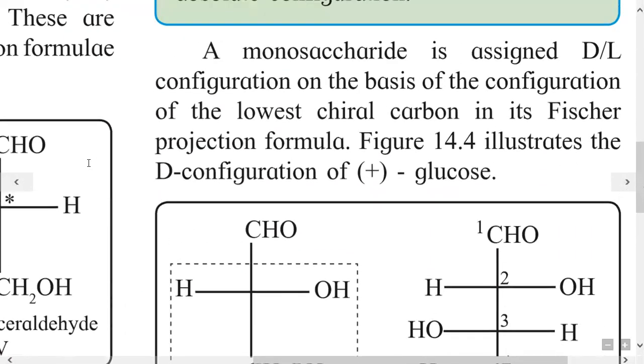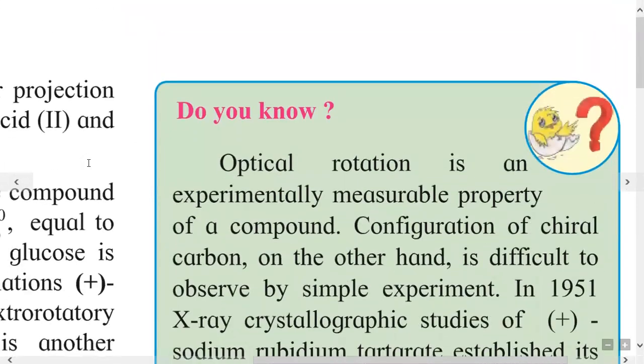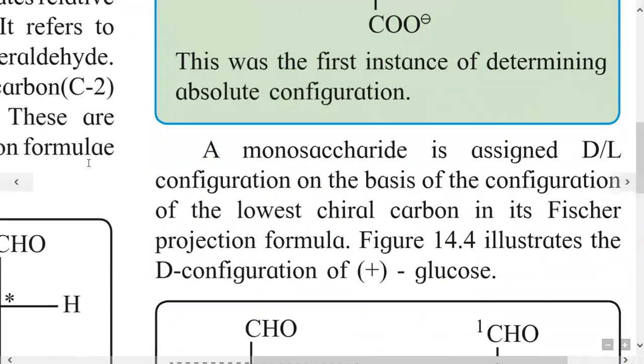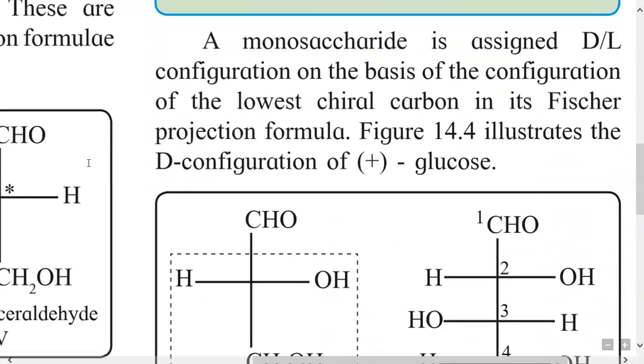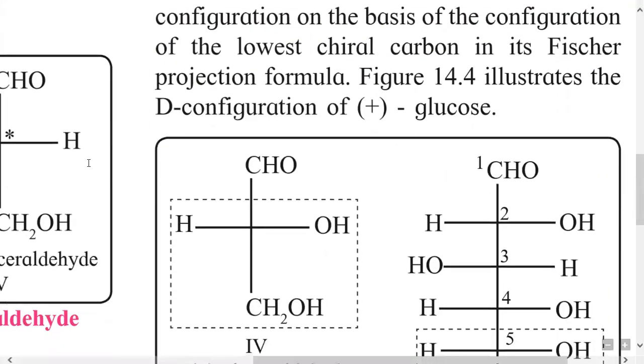Similarly, we will study how the glucose molecule is represented with the Fischer projection formula, D and L configuration. A monosaccharide is assigned a DL configuration on the basis of the configuration of the lowest chiral carbon atom in the Fischer projection formula. So in glyceraldehyde, the lowest chiral carbon atom is the second carbon atom.